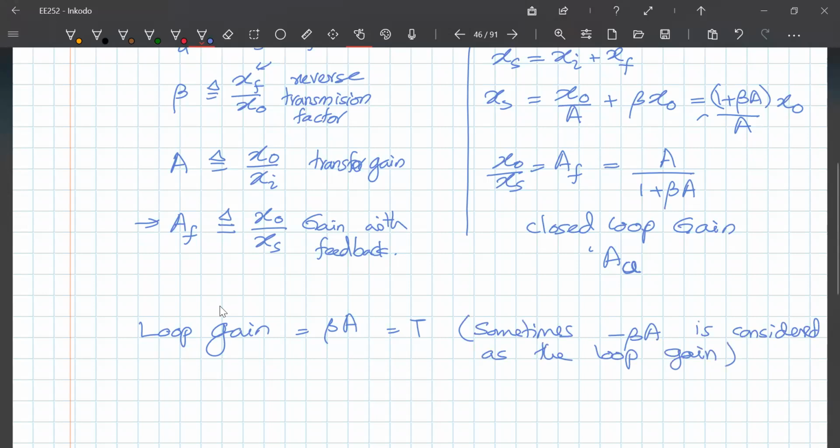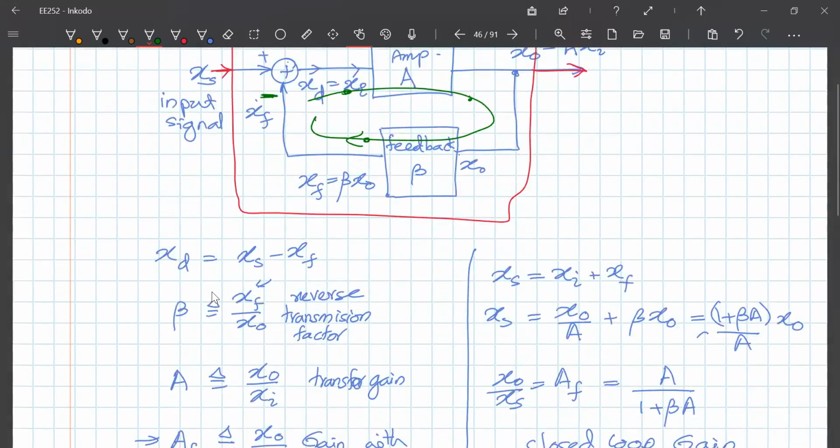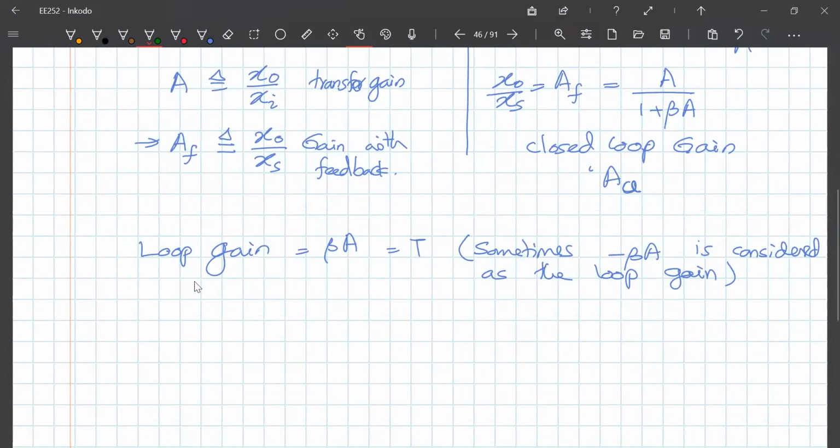What that means is, if you go through this loop, the gain will be minus beta times A. For example, if you start with XI multiplied by A, this will be A times XI, multiplied by beta, you will have beta A, and times the minus sign. So you have a negative sign here. If you go through this whole loop, it will be minus beta A. This is called the loop gain.